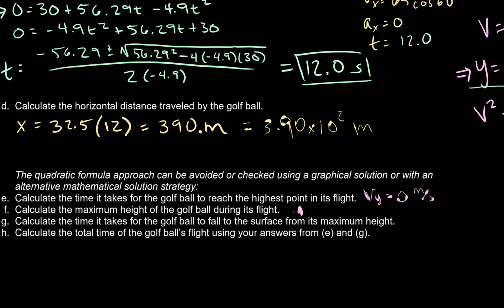Okay, so the time that you get for E should be 5.74 seconds. And in G, you should get 6.25 seconds.